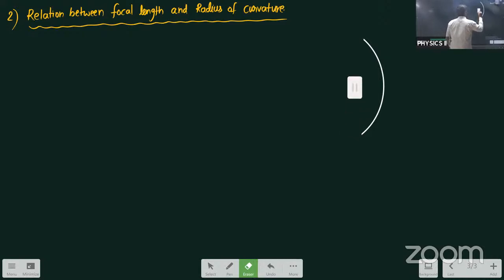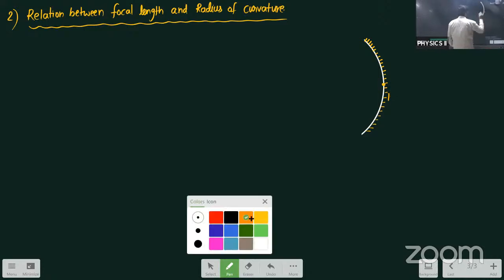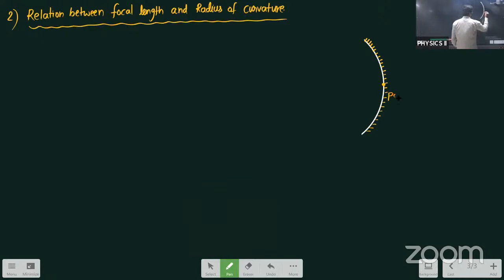What will be the center point of this mirror? This point is called the pole.